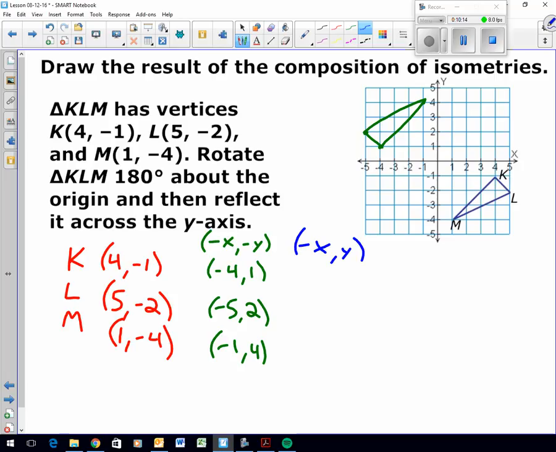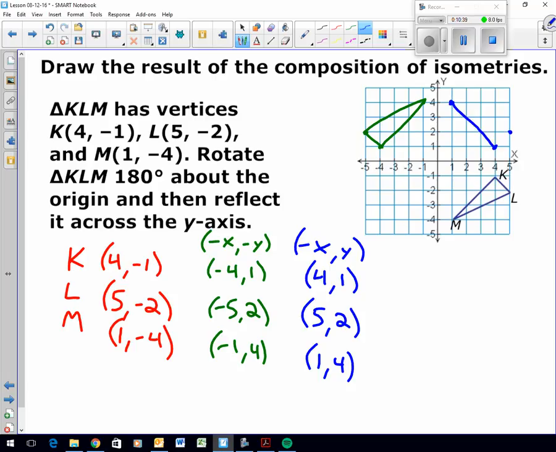So instead of -4, I'm at +4. Y stays the same. Instead of -5, I'm at +5. Y stays the same. Instead of -1, I'm at +1. And y stays the same. 4, 1, 5, 2, 1, 4.